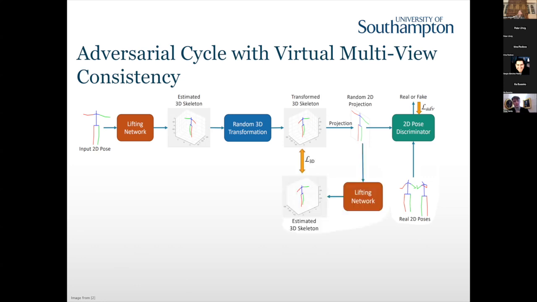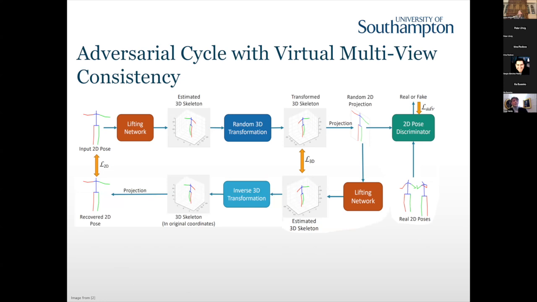So we can send this random 2D projection back through our lifting network to get a good estimated 3D skeleton again, do the inverse 3D transformation, and then this should give us our recovered 2D pose. And this can be compared with the input.